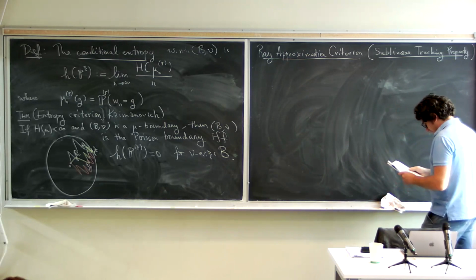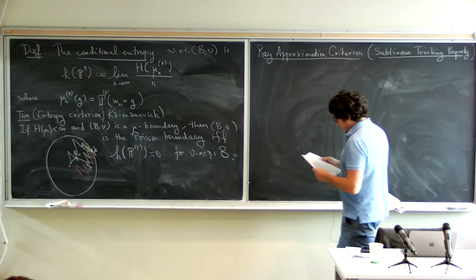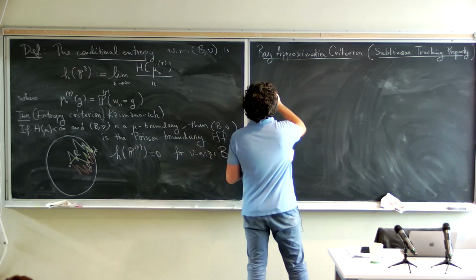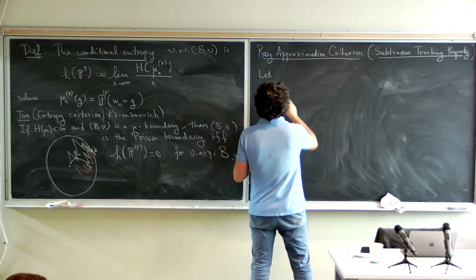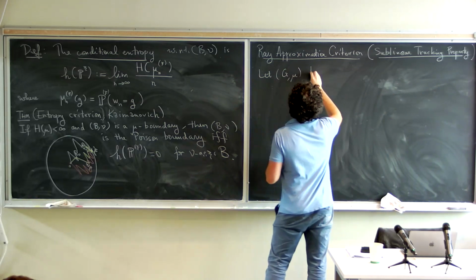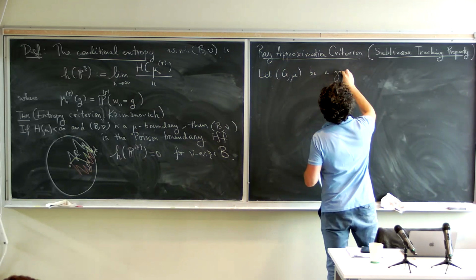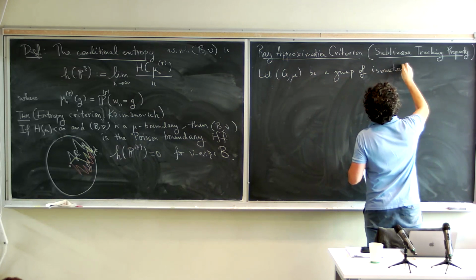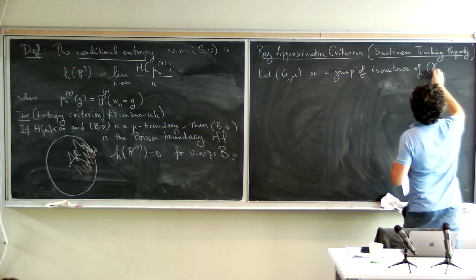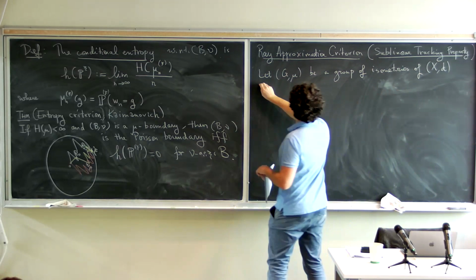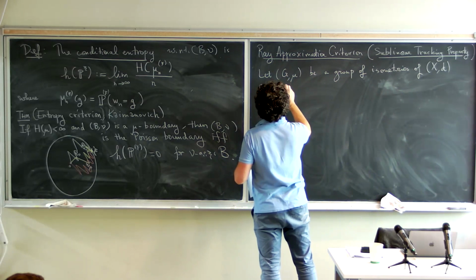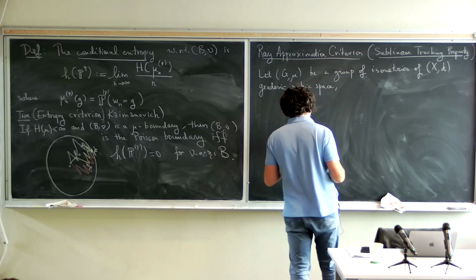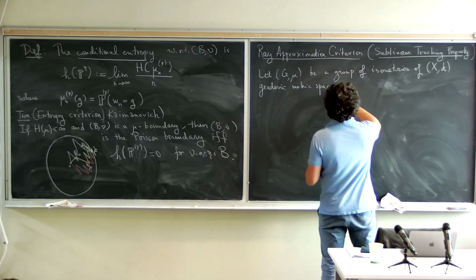So what is this? Basically, we look at the following. Let G, mu be again a group of isometries of a geodesic metric space X, d.